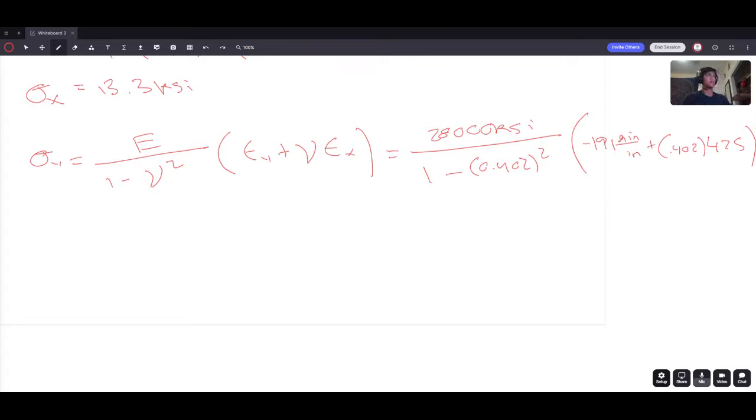That gives us, for sigma y, negative 0.00167 KSI.